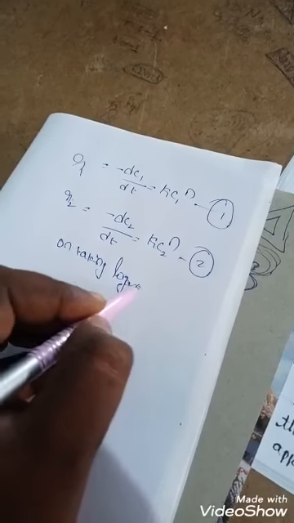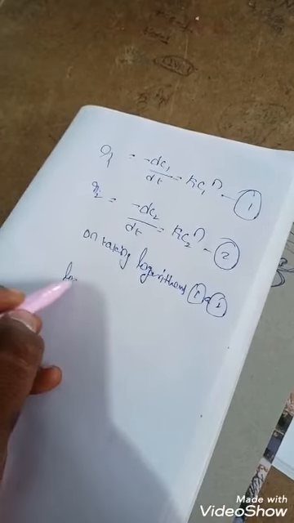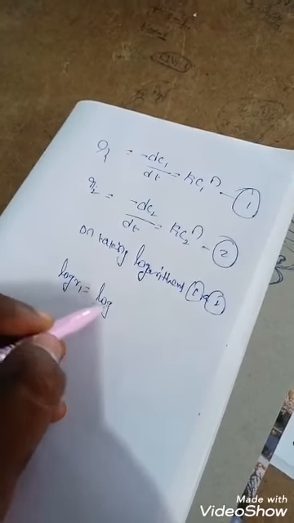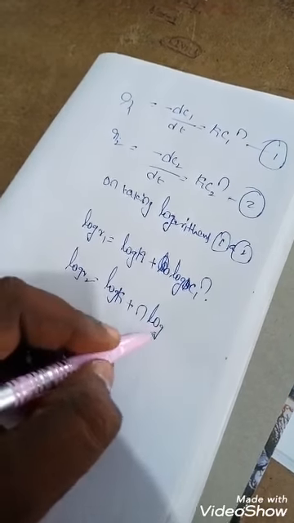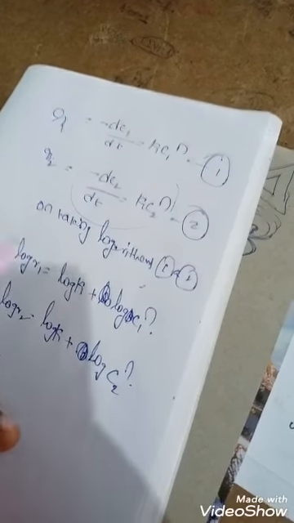Now I'm taking logarithms of 1 and 2. Log R1 equals log k plus log c1 to the power n. Log R2 equals log k plus n log c2. In that way, we take log values.